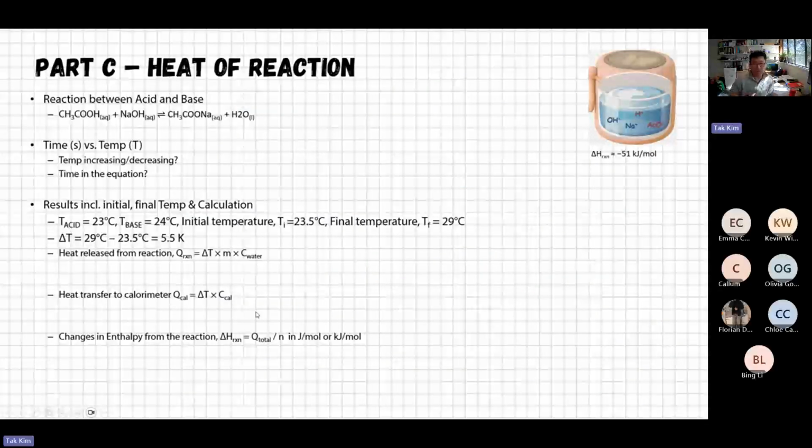Okay, so when you look at the last part of the experiment, the only difference between part B and part C will be the acid, right? The molarities are the same and the amounts used are the same. But the acid itself is not as strong as the previous acid you were using, because now we are looking at acetic acid, which is a typical example of a weak acid.